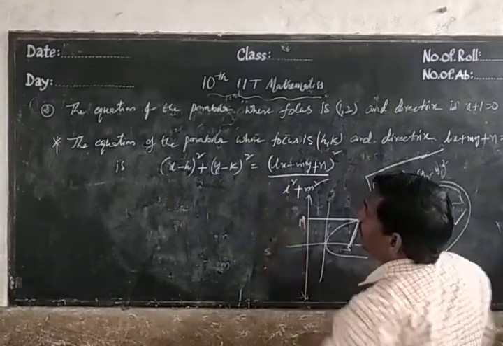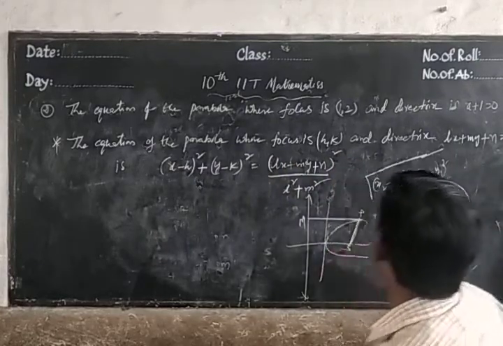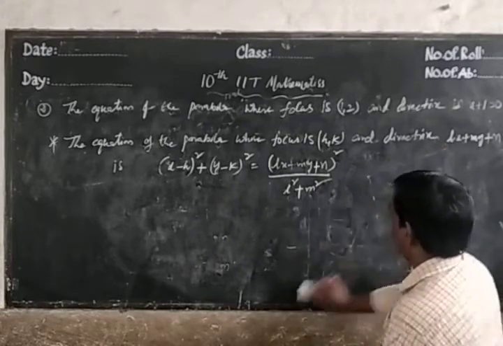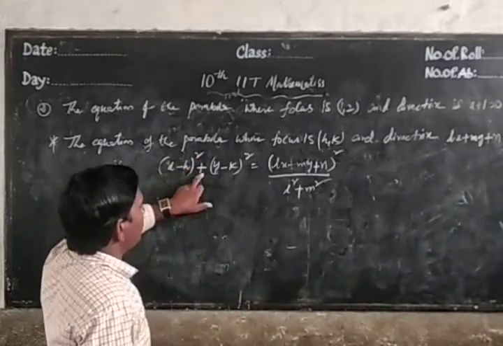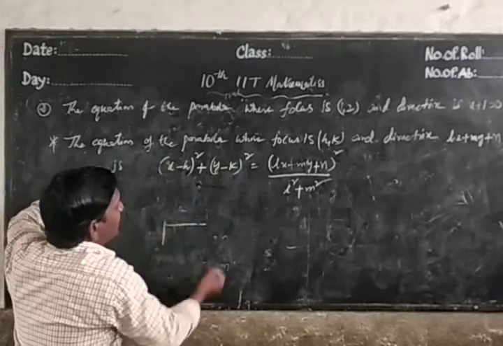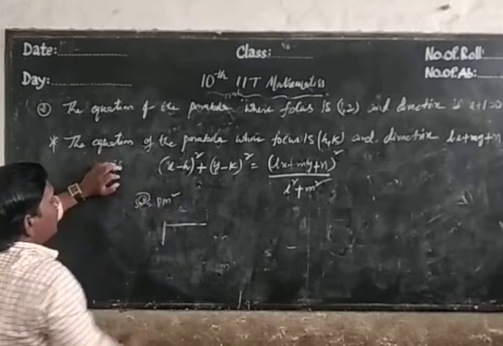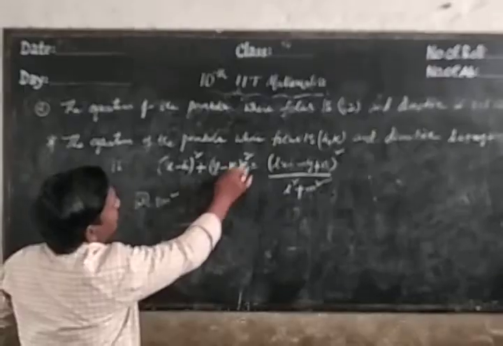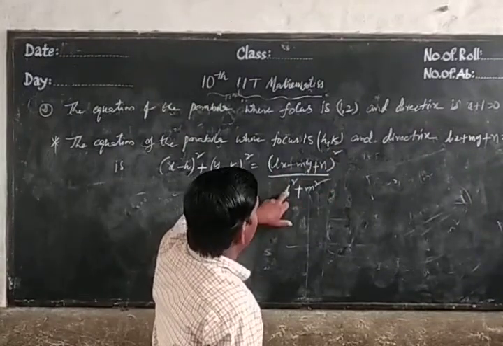So the equation of the parabola whose focus is (h, k) and directrix Lx plus my plus n is directly (x minus h) whole square plus (y minus k) whole square. The root is cancelled by squaring both sides. Equal to (Lx plus my plus n) whole square by L square plus m square.